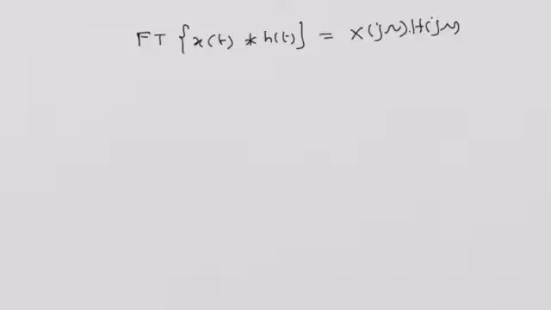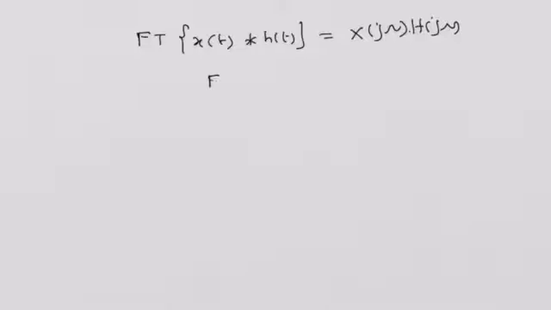So I just want to relate the concepts discussed so far. For example, the Fourier transform CTFT of convolution, the result of convolution is equal to, according to the property, the product of X of j omega with H of j omega.